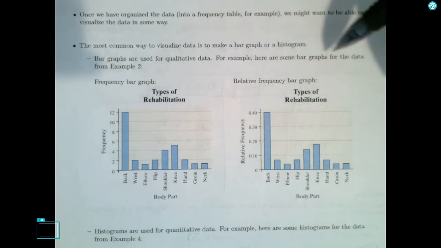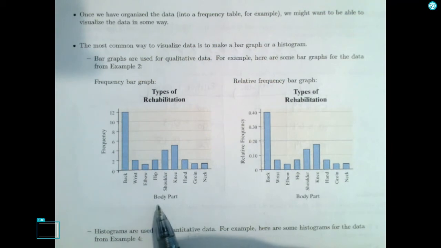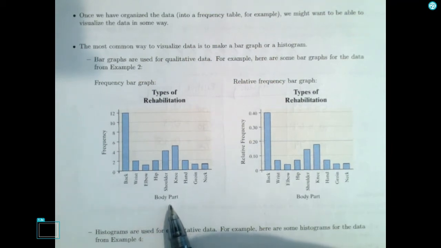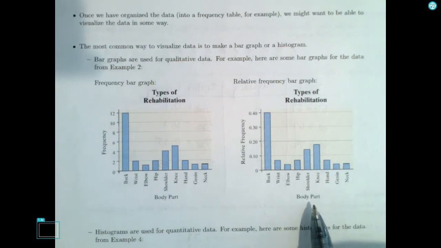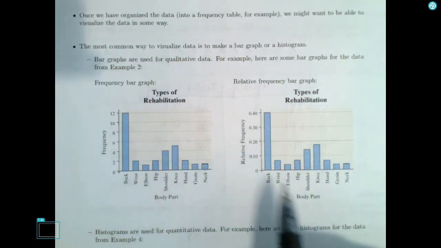For example, here are some bar graphs for the data in example 2. This is a frequency bar graph of the body parts, and this is a relative frequency bar graph for the body parts. You'll see that the shapes are the same.